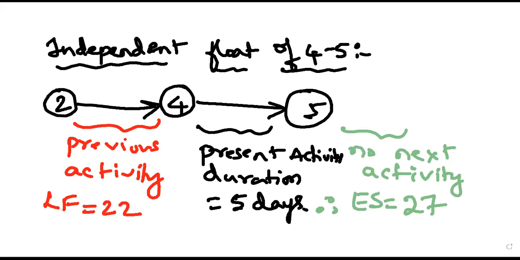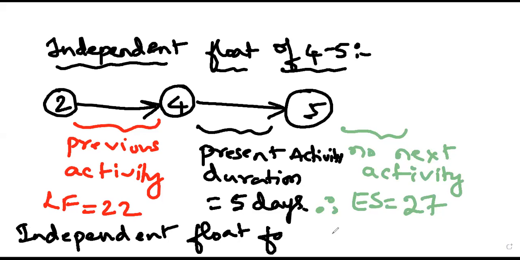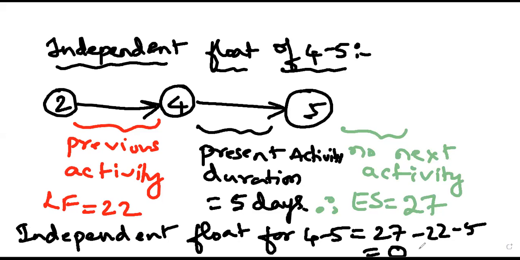So the independent float for 4-5 is equal to 27 minus 22 minus 5, and the answer is 0. I'm assuming everyone has recalled what we did in our previous class, and I'm doing all these calculations. In case there are any doubts, you are supposed to ask, and I can explain this once again.